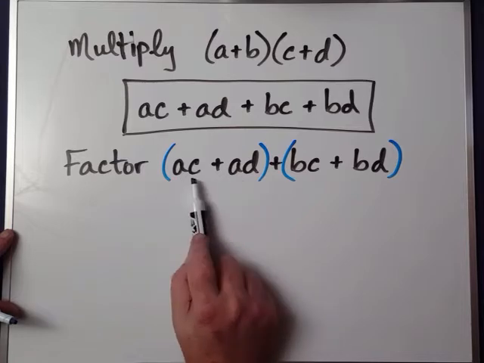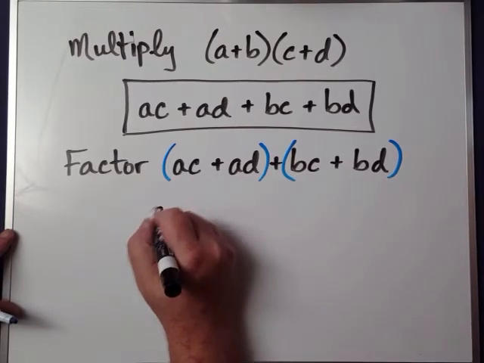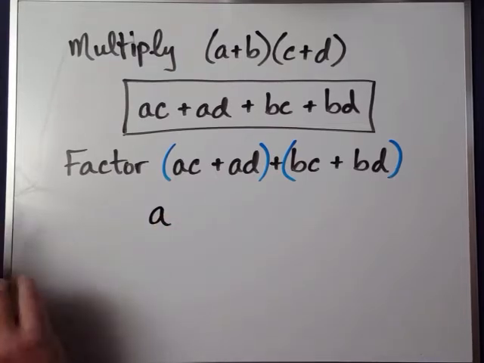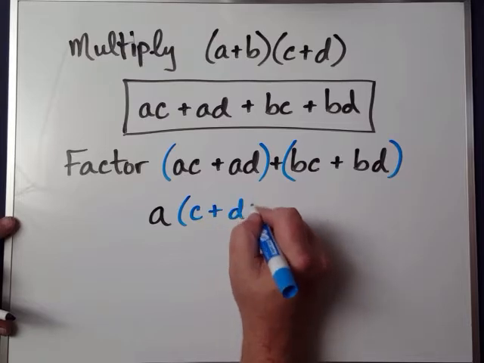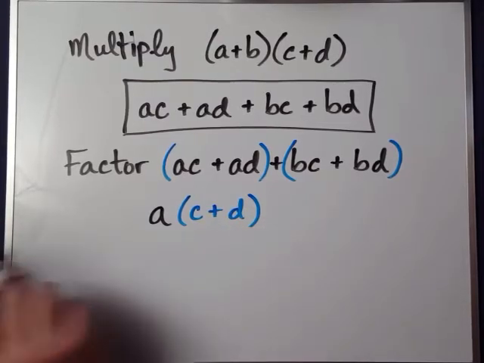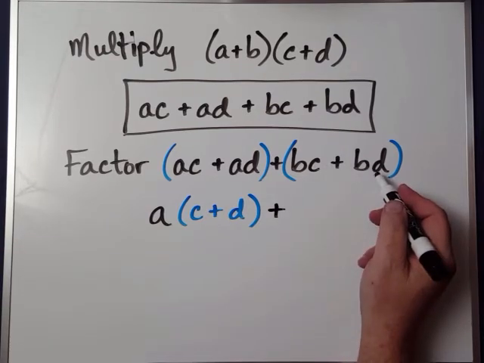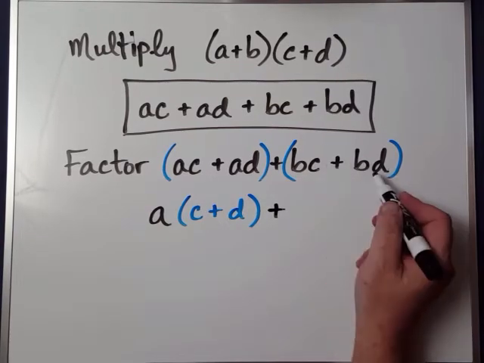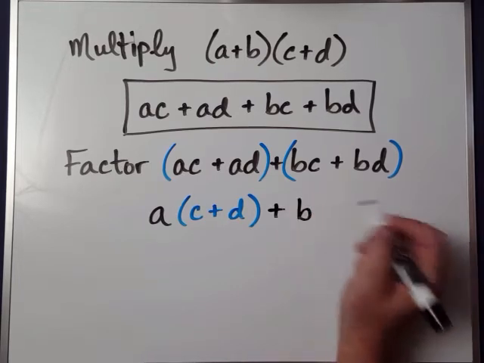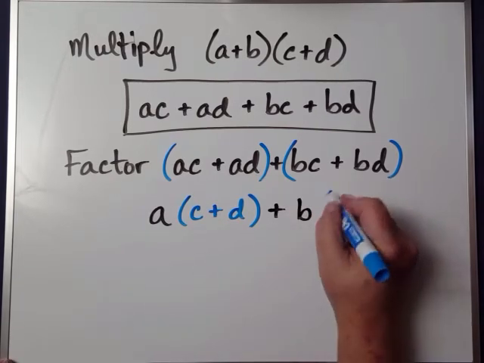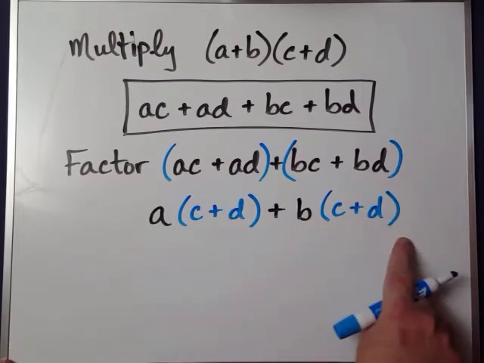The greatest common factor between these 2 terms is A. If I factor out an A, what's it going to leave behind? It's going to leave C plus D. And plus, factor out the greatest common factor from the last 2 terms. Well, I can factor out a B. What does that leave behind? C plus D. Now, how many terms do I have?